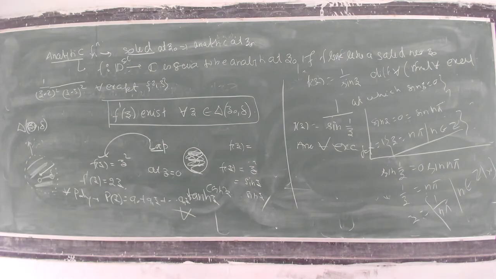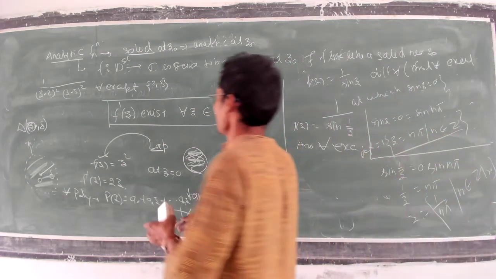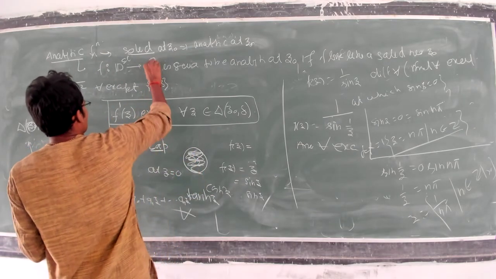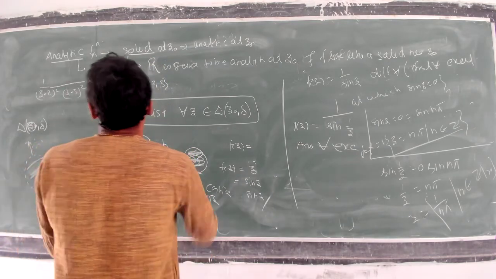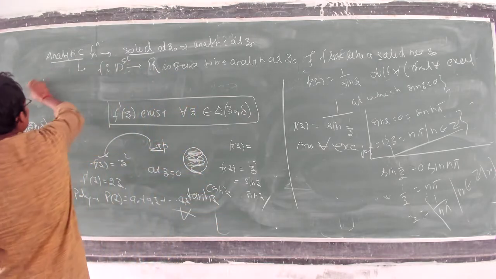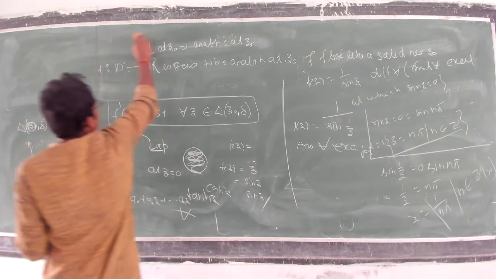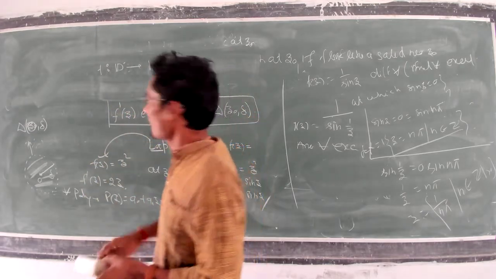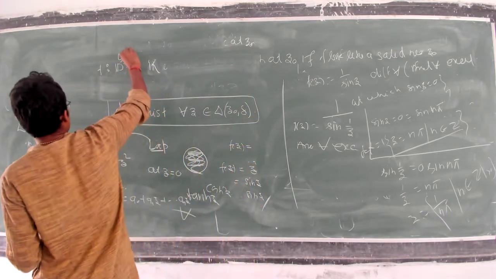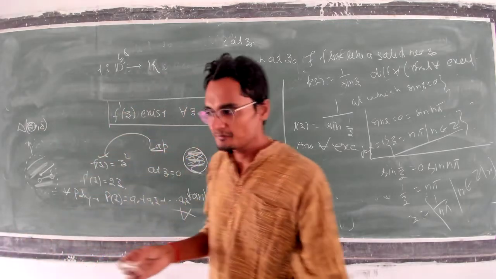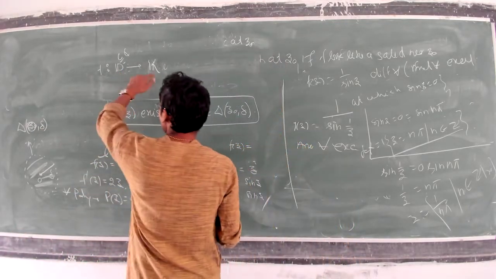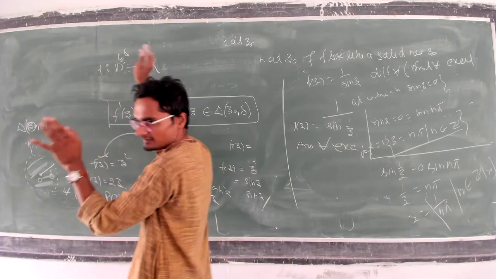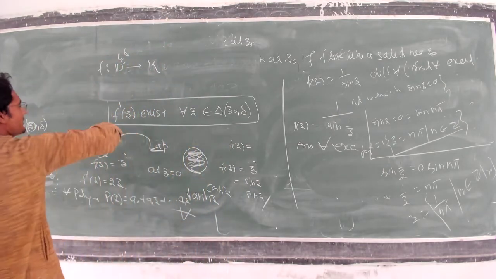Now we are going to check real valued functions of a complex variable. Instead of writing C, I want to write R here. So the question is, if I have a function defined from a subset of complex numbers to the reals, meaning this function gives you a real number. Function is anything, no problem.